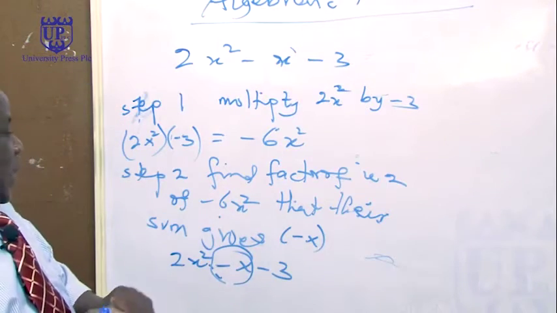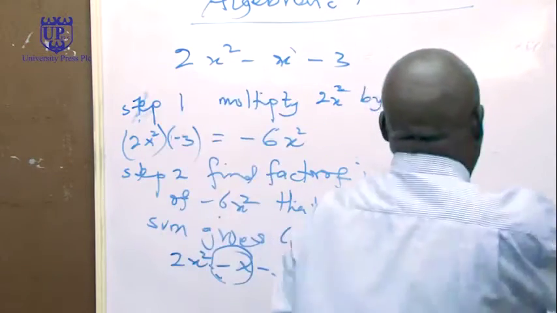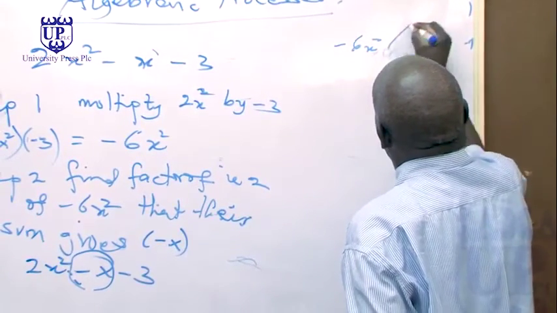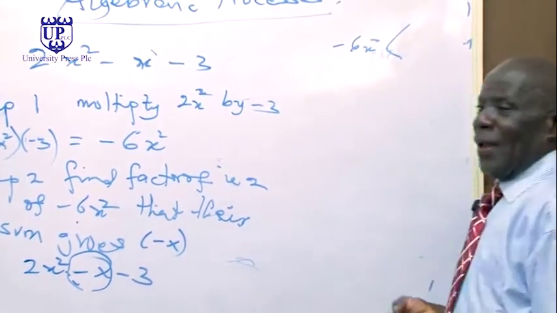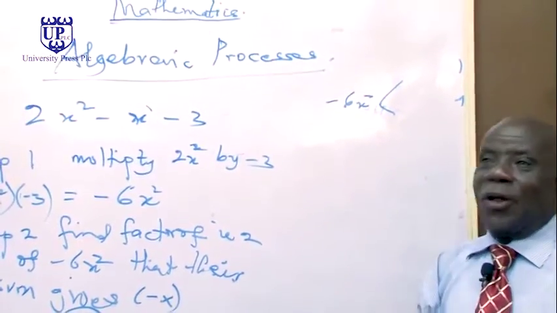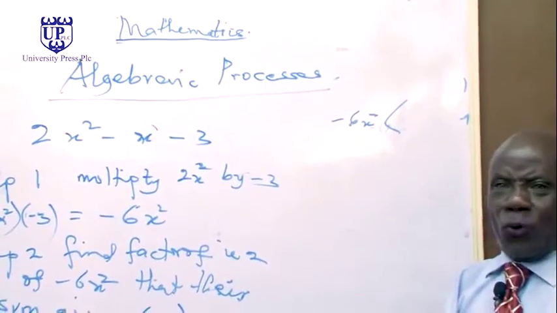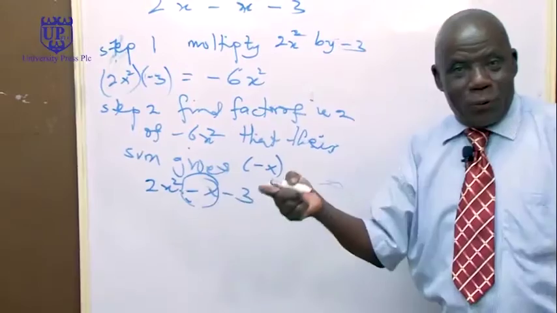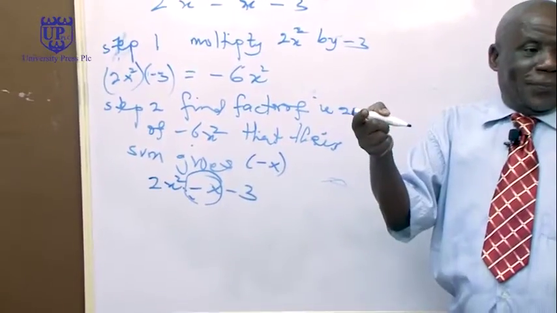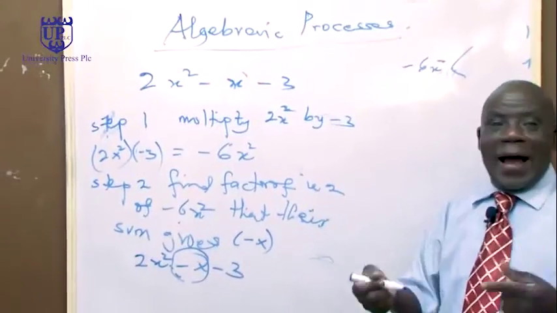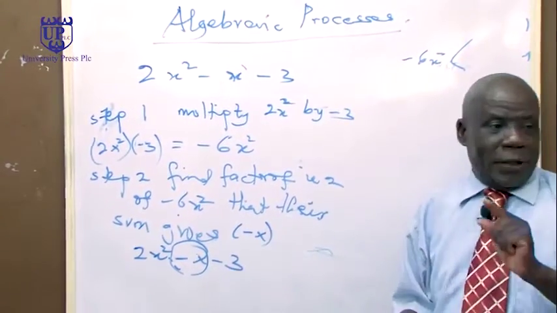Minus 6x squared. The two factors: you may be thinking, what of 1 and 6? No. Because this one is 1 here, you think of 2 and 3, not 6 and 1, because when 6 and 1 are added, there's no way you can ever get 1.